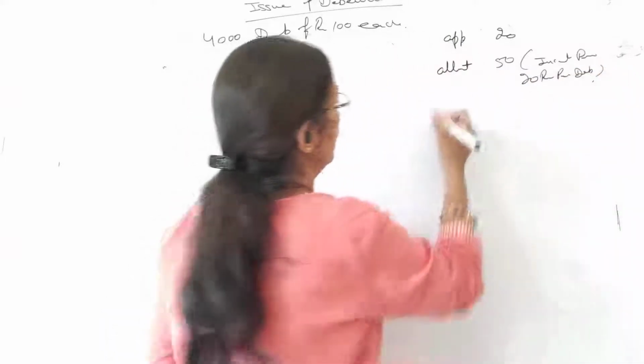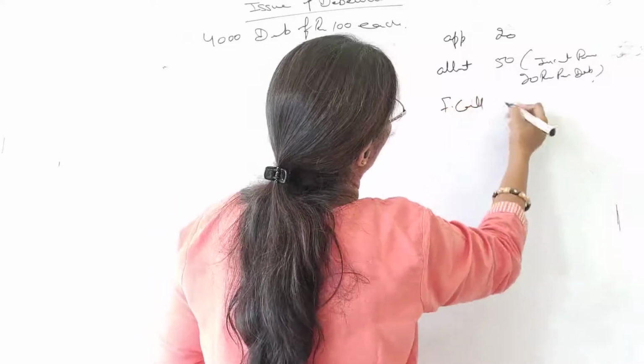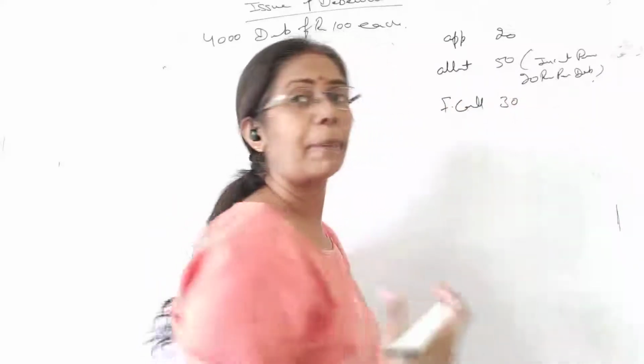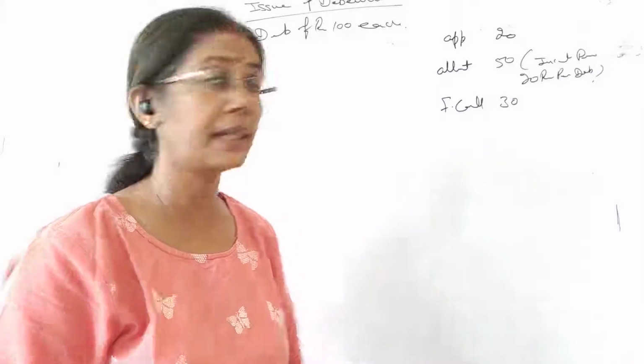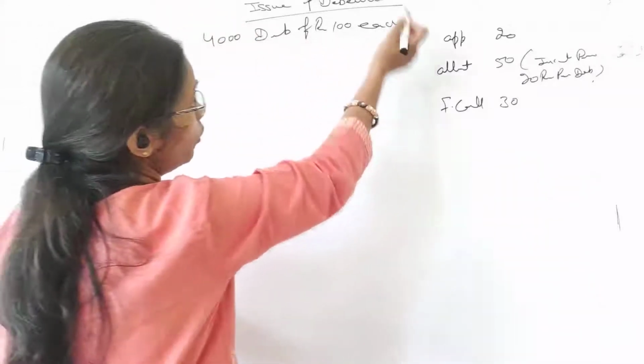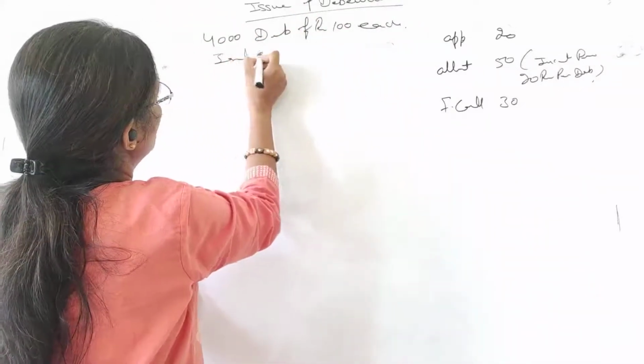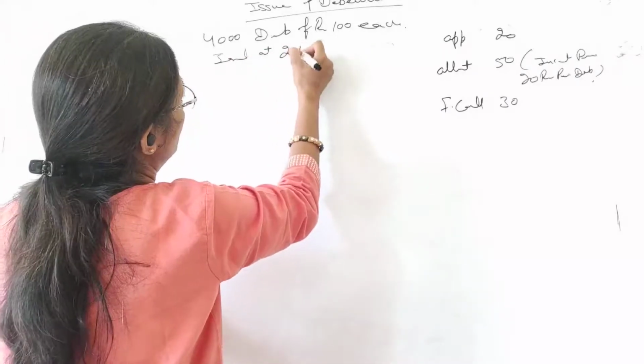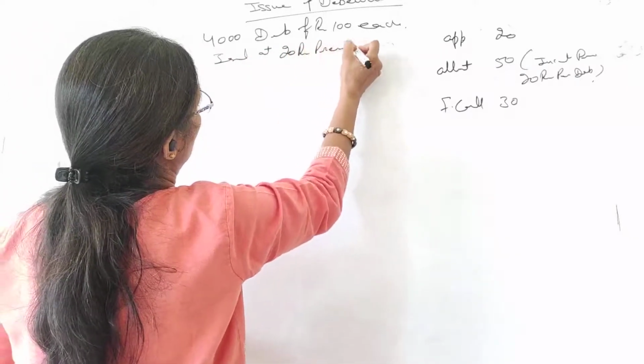First call 30. Balance when required. So 4,000 debentures of rupees 100 each issued at 20 rupees premium.